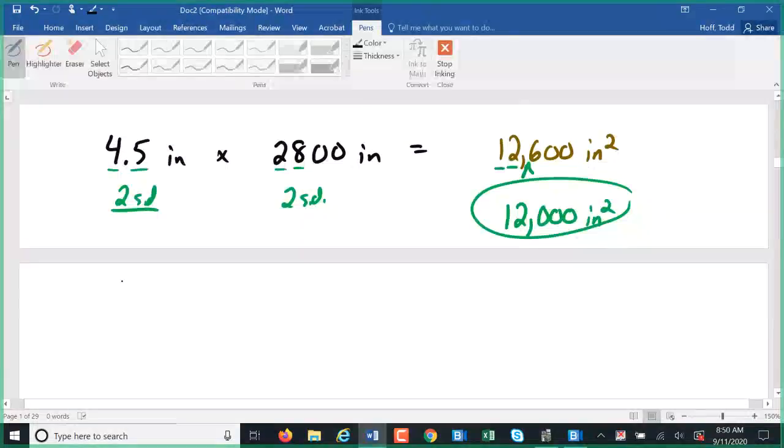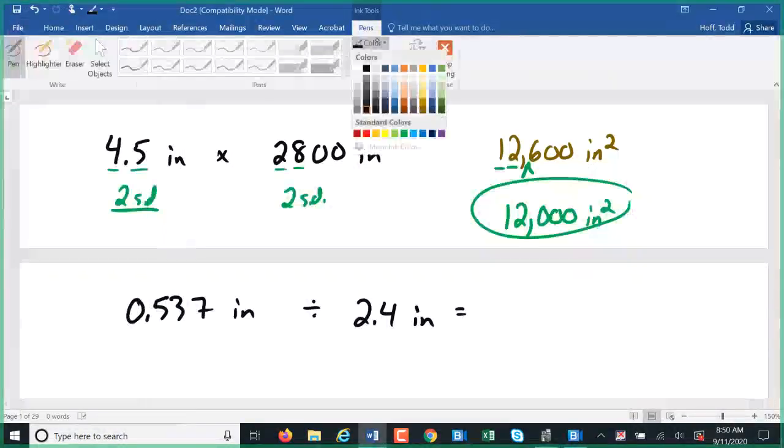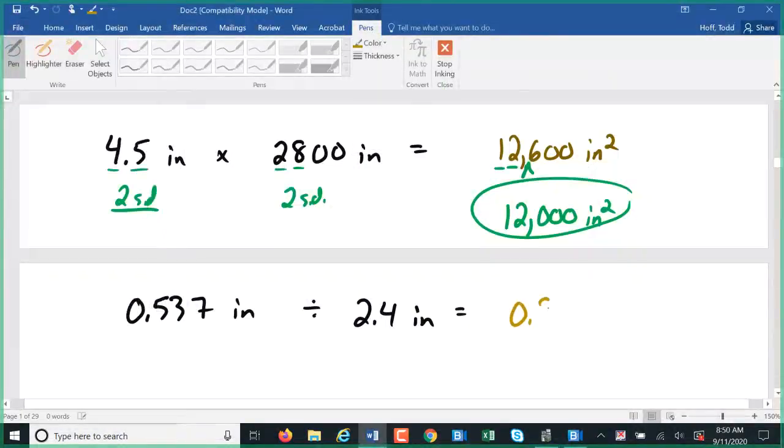Division's a little bit trickier. Let's do 0.537 inches divided by 2.4 inches. 0.537 divided by 2.4 is going to give us, it actually comes up better than I thought, 0.22375. Now the inches divide out here.